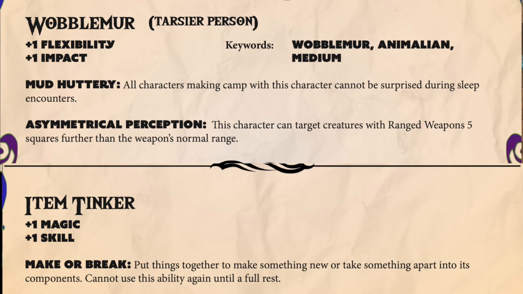So plus the ability make or break, which essentially just is what Scott uses the shrink and grow things for. He often breaks the things or makes the things work.